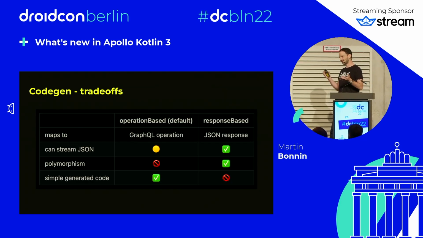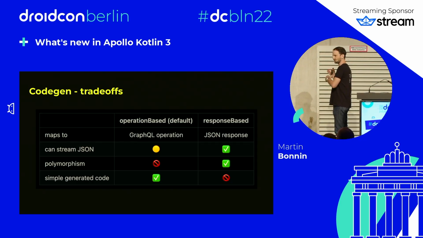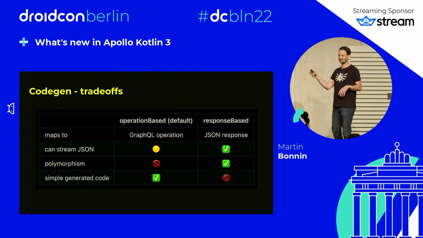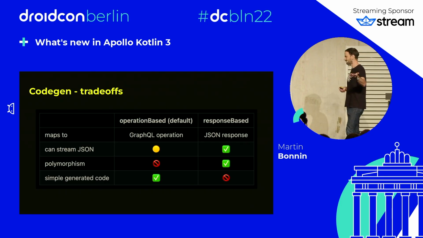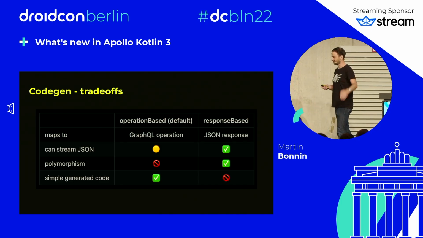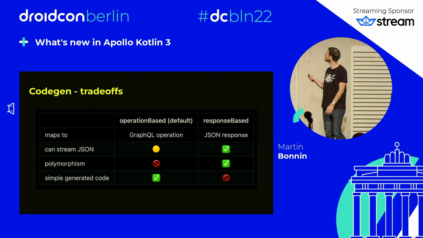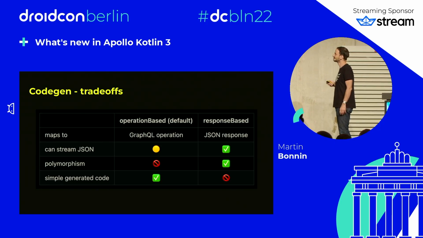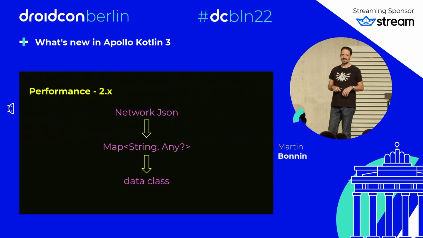Once you're familiar with this, you can move to the response-based codegen, and there you can do a lot of cool stuff like casting and use sealed interfaces, exhaustive when statements, and everything. You can see a small yellow dot here, which relates to performance, which takes me to the last point in these big blocks.